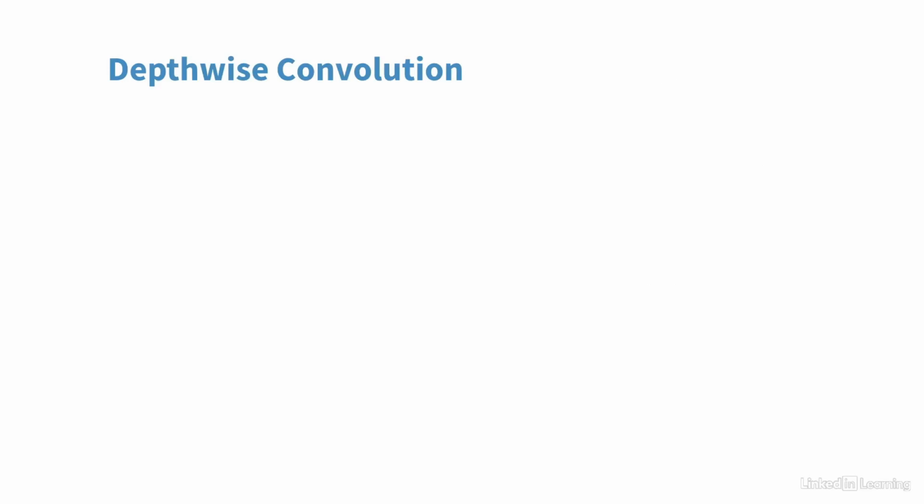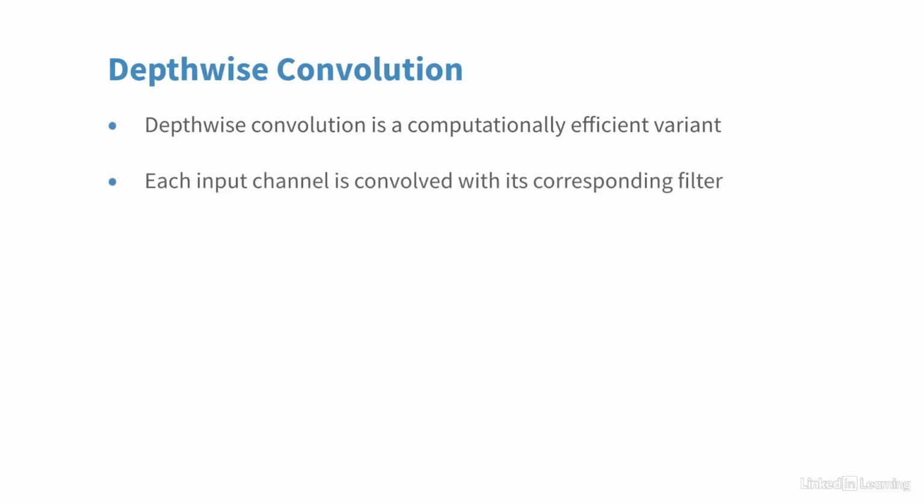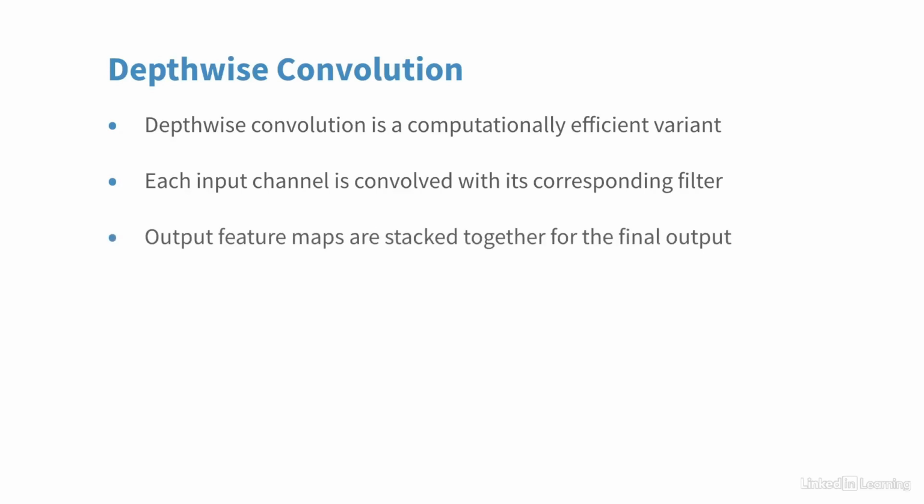Depthwise convolutions are computationally efficient variants of the standard convolution. In a depthwise convolution, each input channel is convolved with its corresponding filter, producing one output feature map per channel. The output feature maps are then stacked together to form the final output.